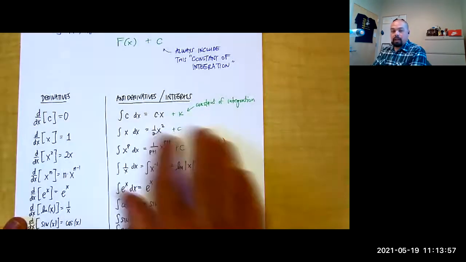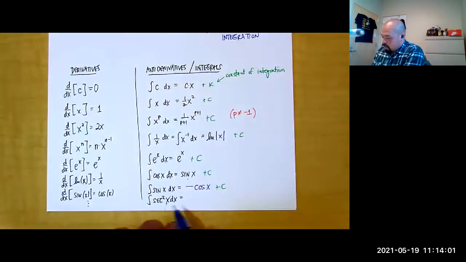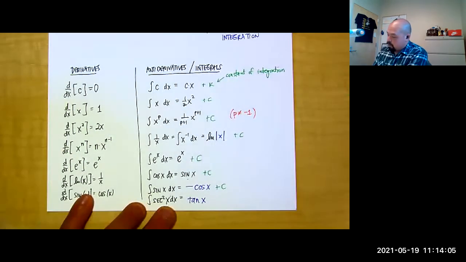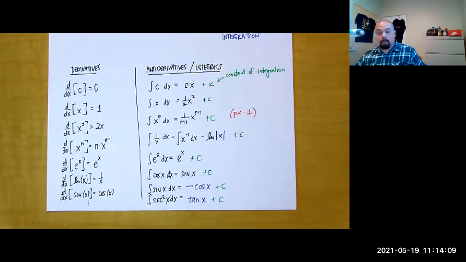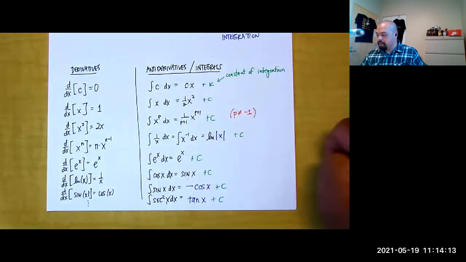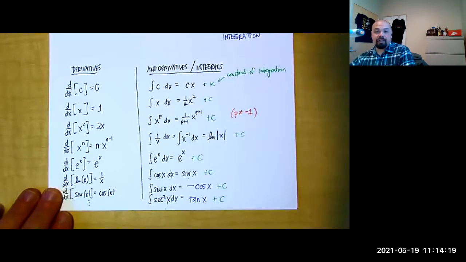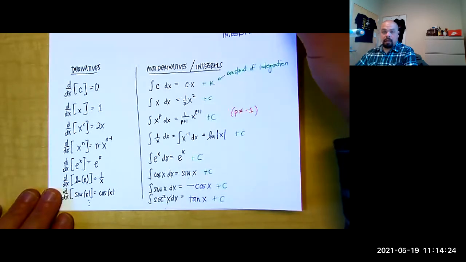Just remembering some of our derivative rules. The antiderivative of secant squared is tangent, right? What function has derivative equal to secant squared? That's the tangent. So with some of these rules, that power rule, these components going in the reverse, getting these antiderivatives are now these indefinite integrals.